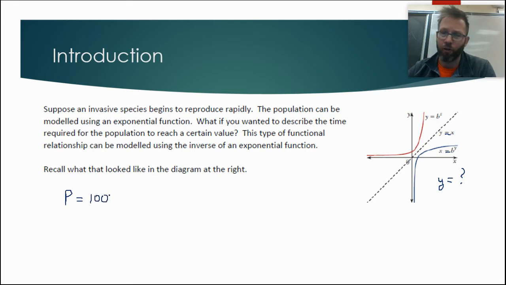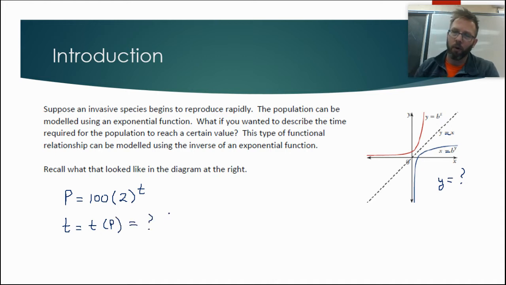I'll make up an initial population of 100, doubling every hour. How would you write that? What if you wanted the time as a function of the population? How would you rearrange that equation for t? We're starting to develop those skills today.